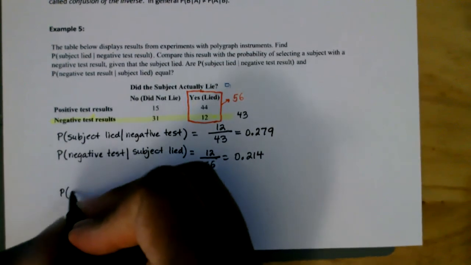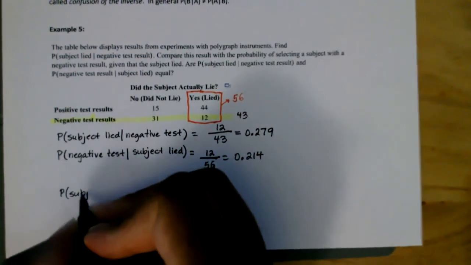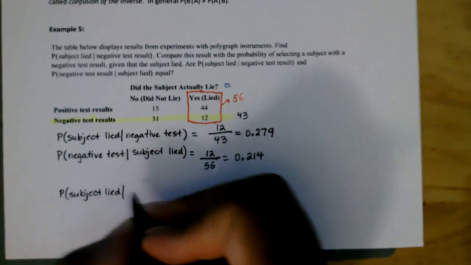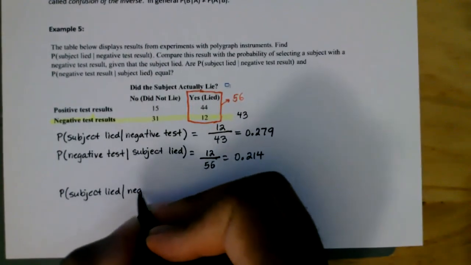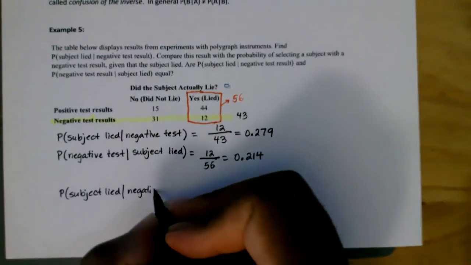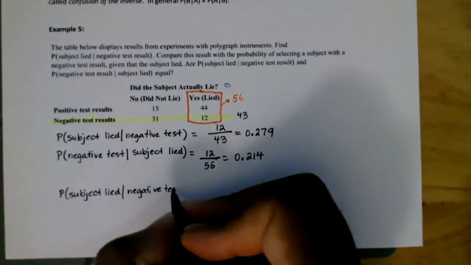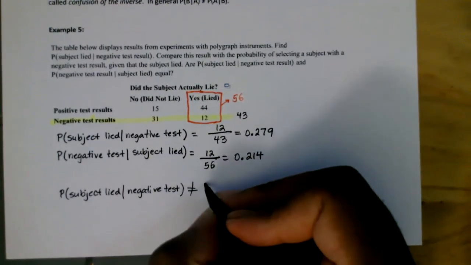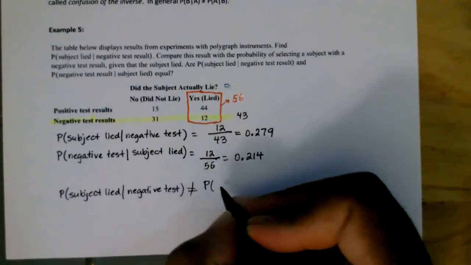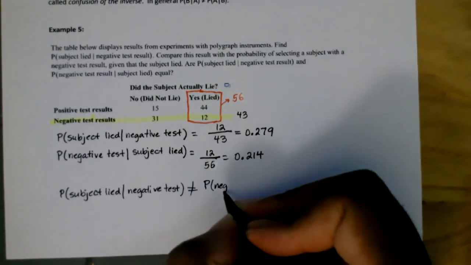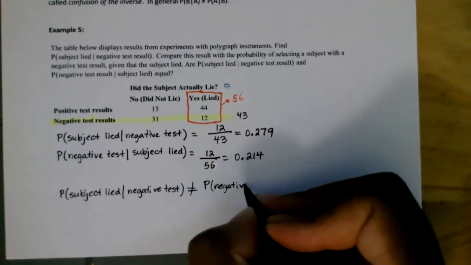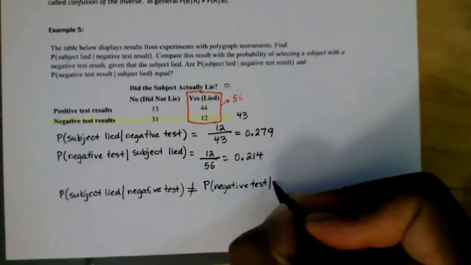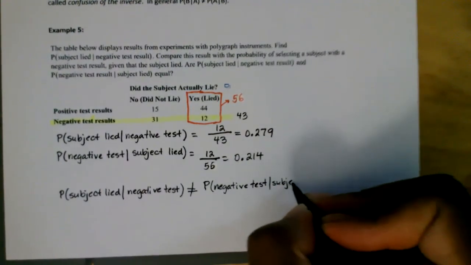So the probability that the subject lied given a negative test result does not equal the probability of a negative test given that the subject lied.